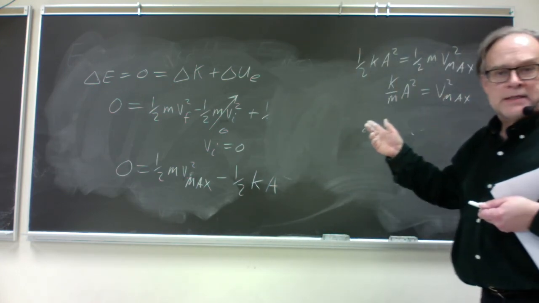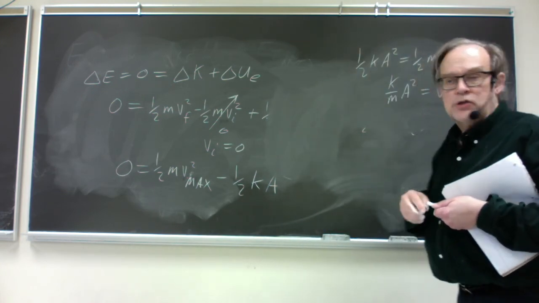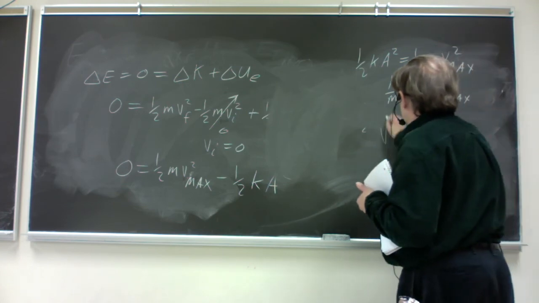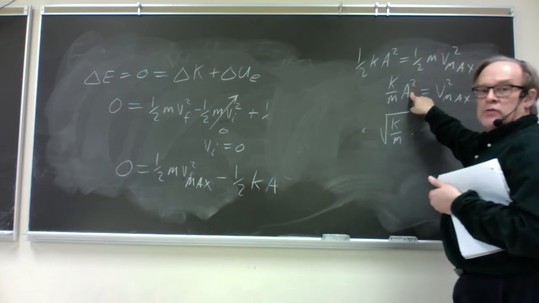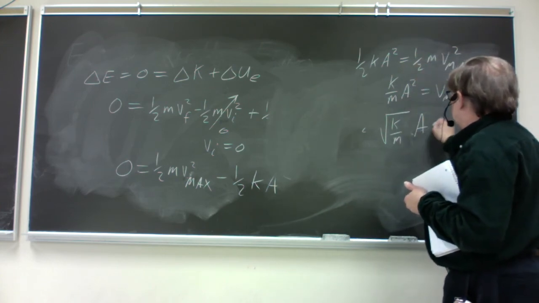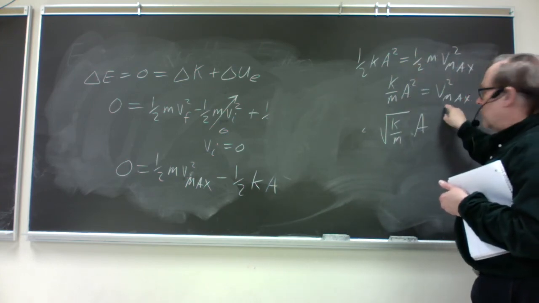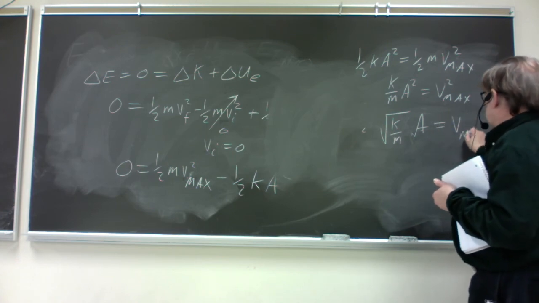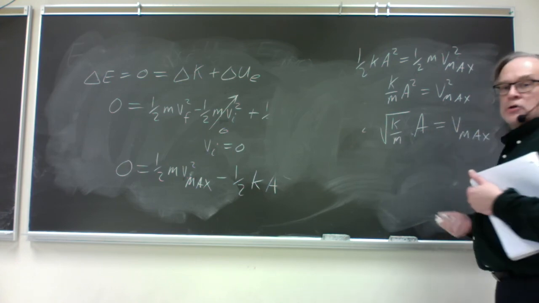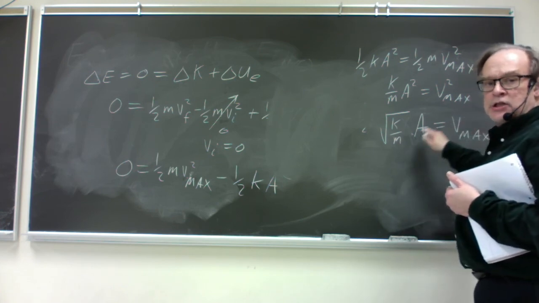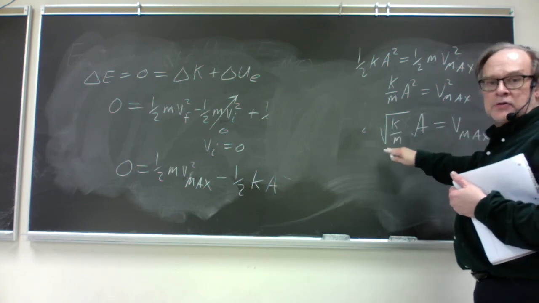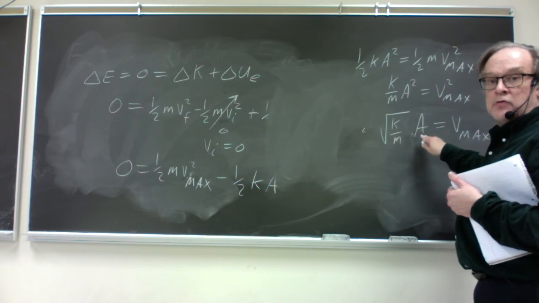Make it even simpler by taking the square root of that whole equation. So the square root of K over M, the square root of A squared is just A, and the square root of Vmax squared is just Vmax. So now we have a direct proportionality. Vmax is just constant factors times the other variable, amplitude.